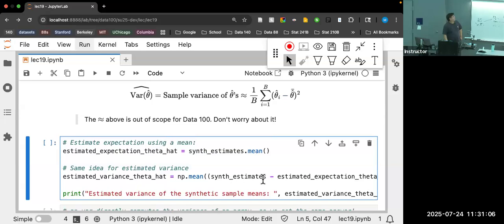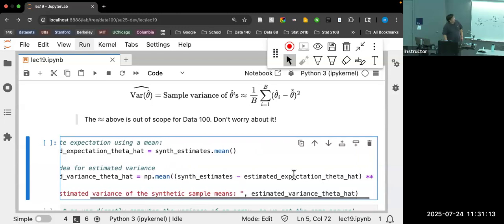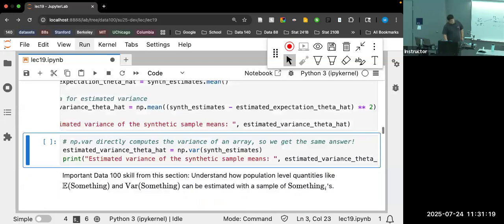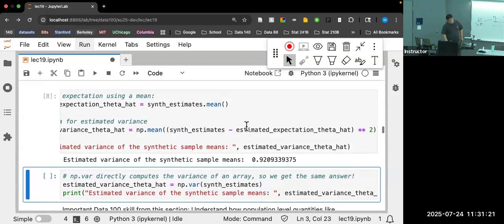So take these 10,000 x bars, subtract the mean of them, and then square it and average it. So that is the estimated variance of our estimator, our x bar.